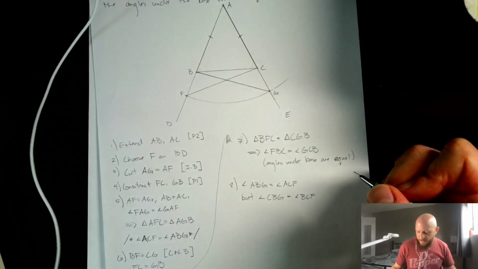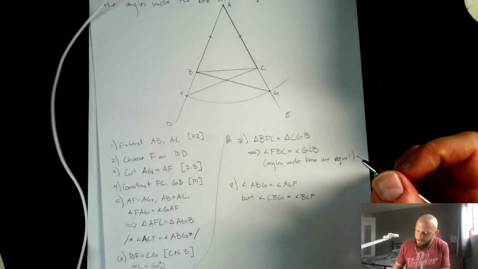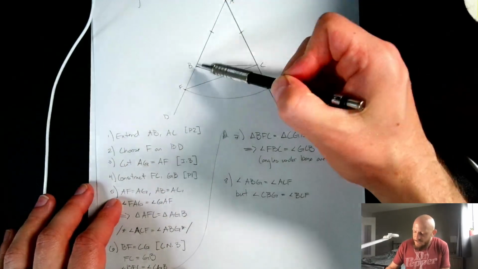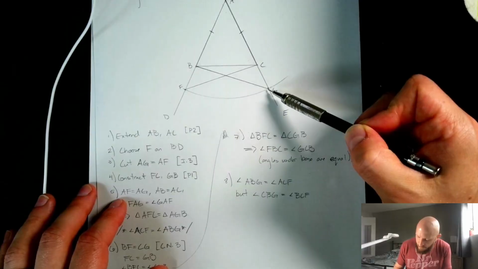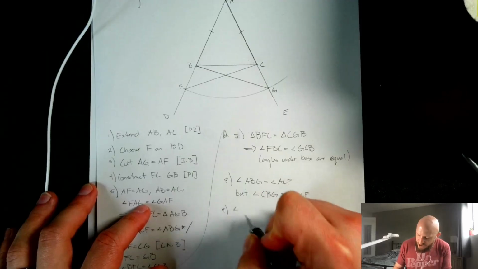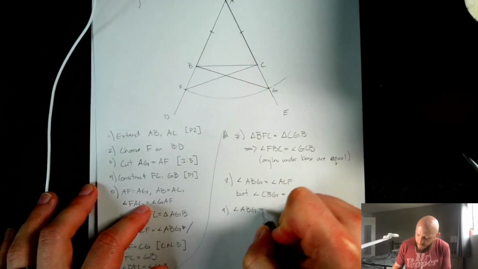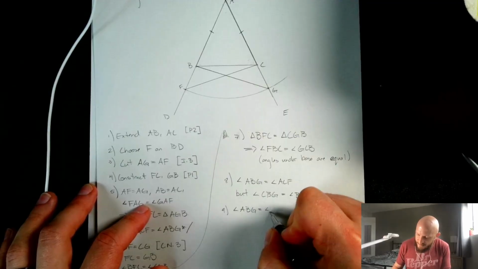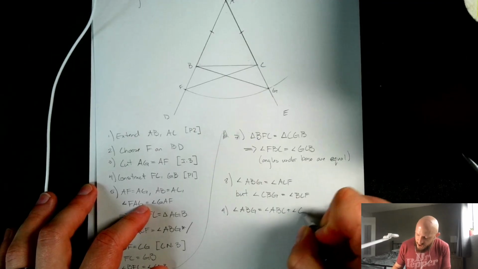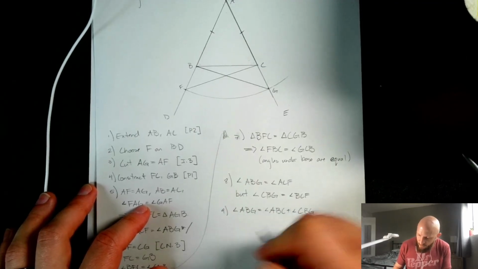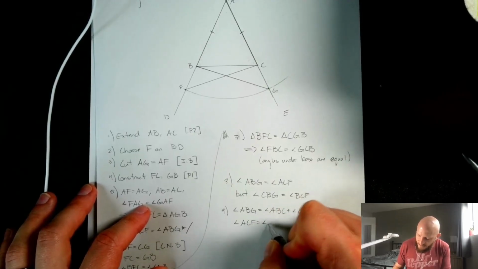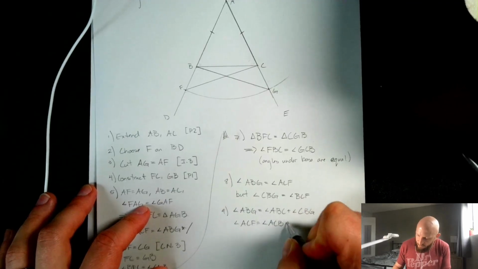And this gives us that the angles at the bases are equal because, to make this a little more verbose, angle ABG is equal to angle ABC plus angle CBG, and angle ACF is equal to angle ACB plus angle BCF.